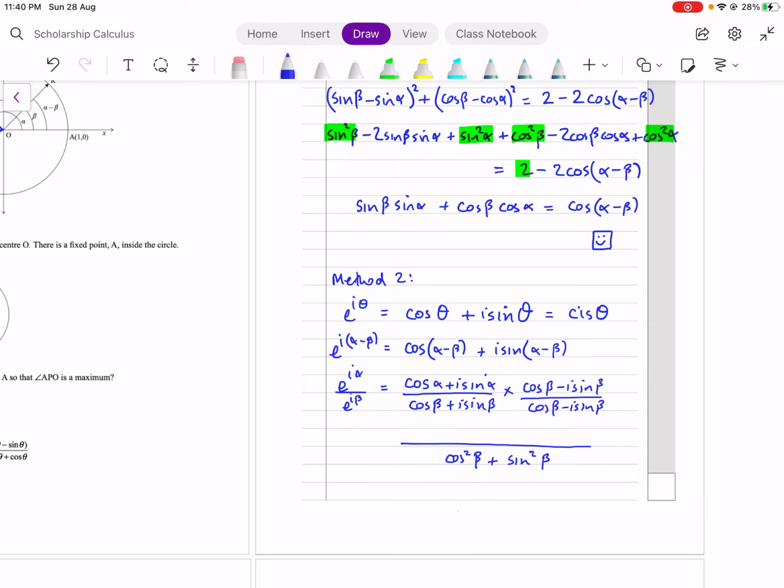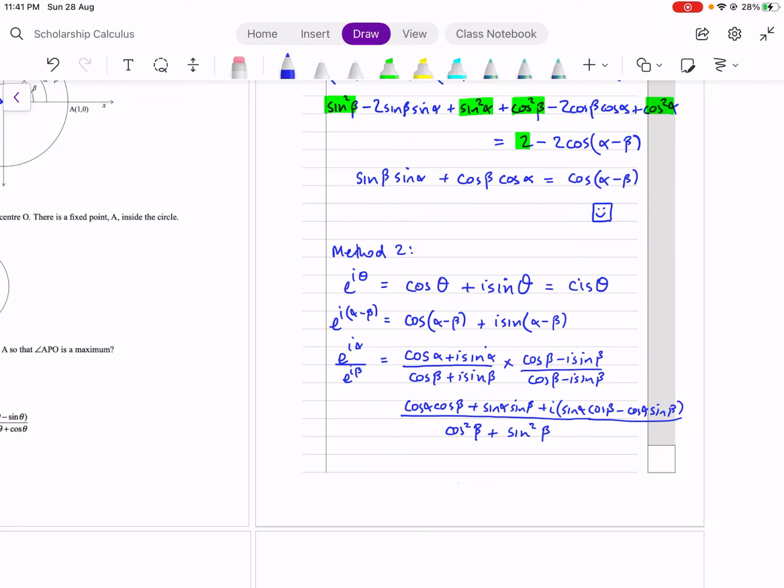The numerator, which equals 1 by the way, becomes cos alpha cos beta plus sine alpha sine beta. The real terms come from taking this and timesing by that, and also the imaginary term timesing by that, and the i squared makes negative 1. And the other terms are both imaginary, so we get plus i times sine alpha cos beta minus cos alpha sine beta.